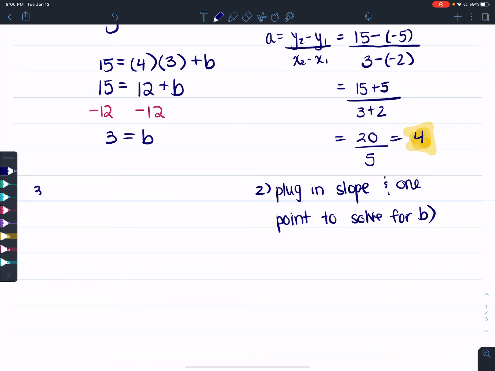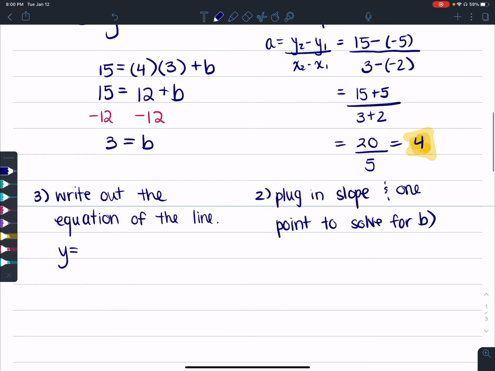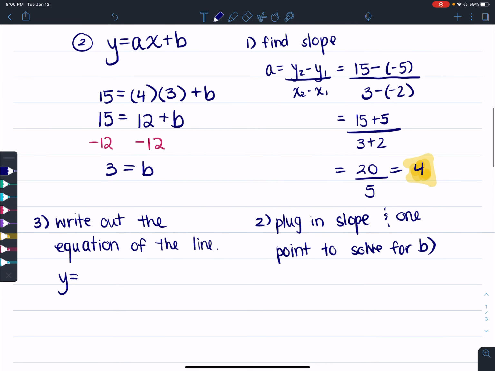And now your step 3 is write out the equation of the line. So y equals 4x plus 3. And that is the answer.